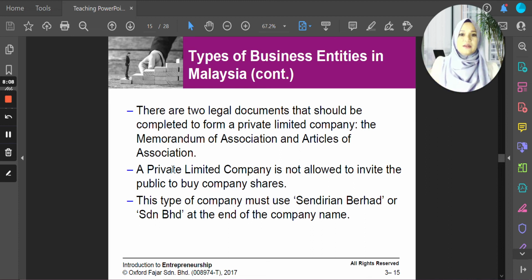Private limited, as the name says, means it's only for the partners, right? And this type of company must use the words Sendirian Berhad at the end of the company's name. In Malaysia we normally see a lot of companies with SDN BHD, that is Sendirian Berhad. Or it's actually PTE Ltd. PTE Ltd means private limited, Sendirian Berhad in BM.